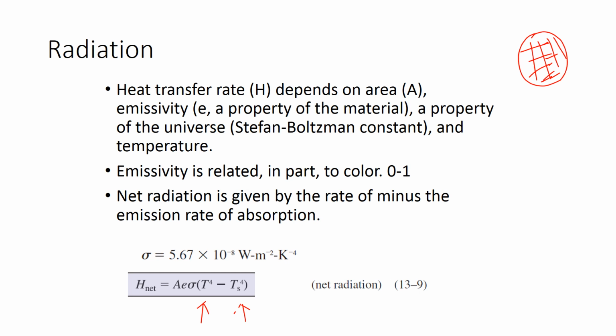So if you have a 400 Kelvin object, 400 to the fourth power is a big number. 100 to the fourth power is also a big number, but it is much less than 400 to the fourth power. So the temperature difference effect gets modified dramatically by the presence of the fourth power in this equation.